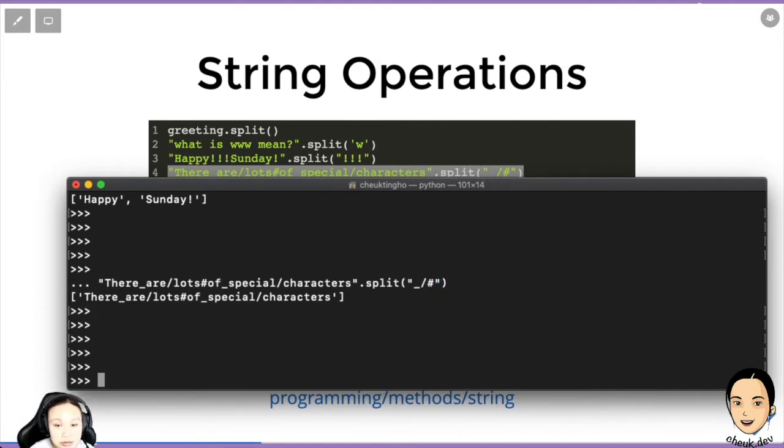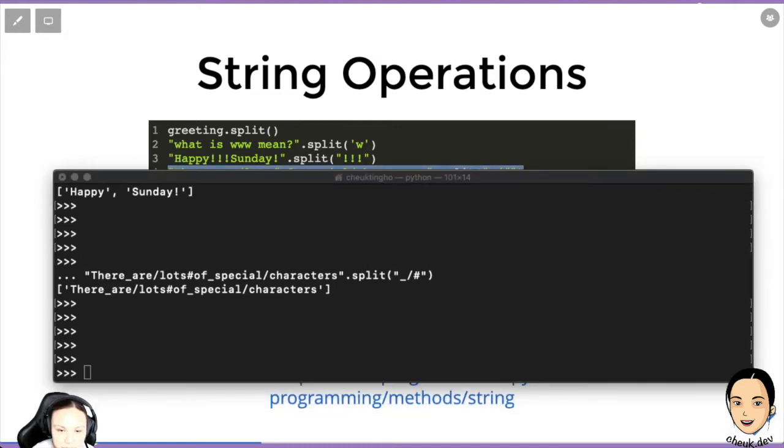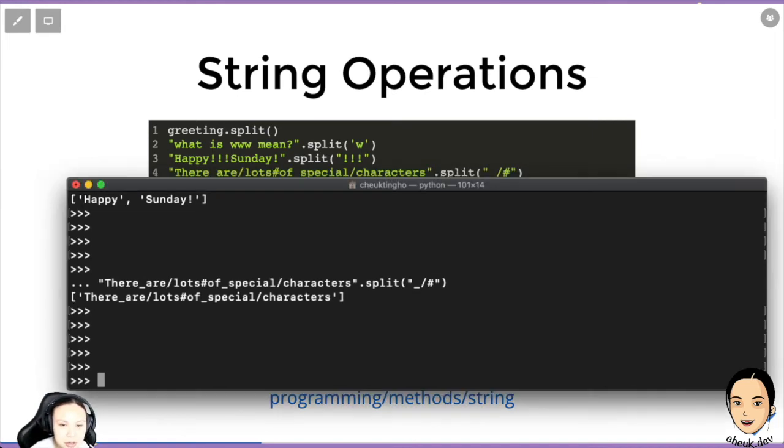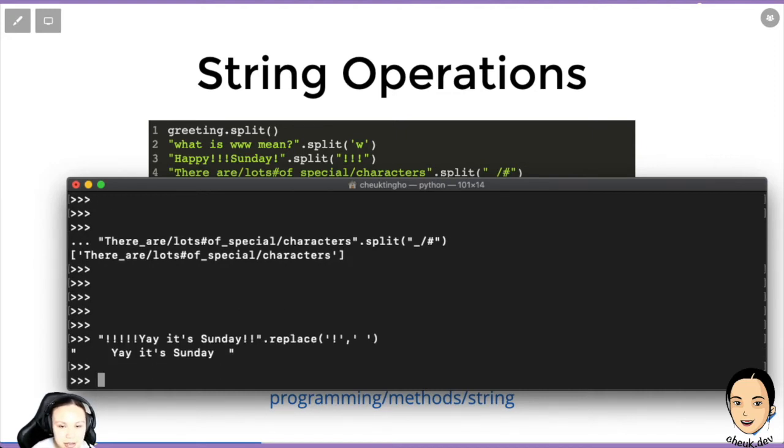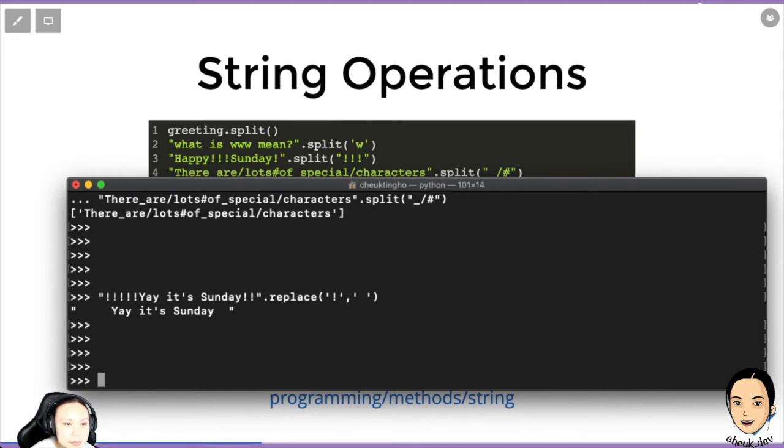So what you can do is replace it. I think replace is something that I will show. Yeah, I will go ahead and show you replace. So you can make use of replace. Replace is another thing. It's not split, but for example, you can see from this example that we are replacing the exclamation mark with a space.